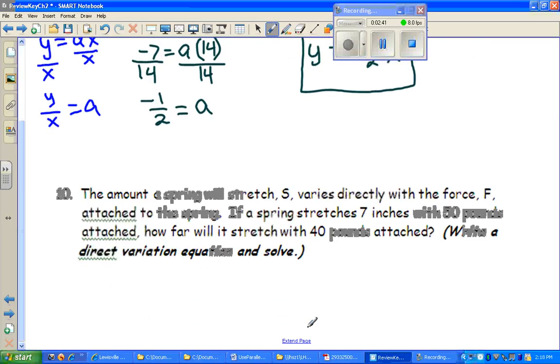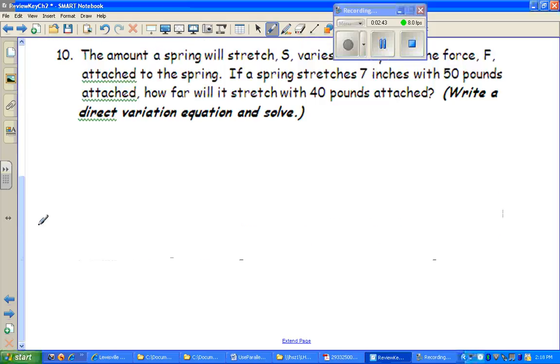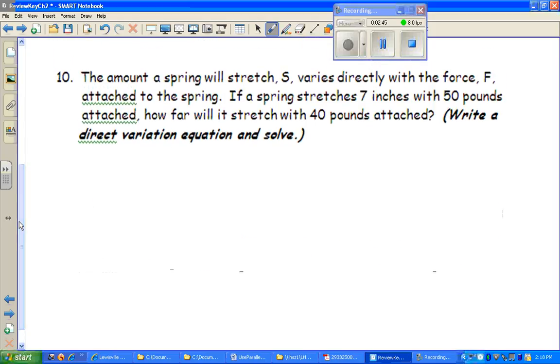For number 10, it's direct variation as well, but what makes this problem difficult for people is that it's not an x and a y that we're talking about. In this problem, we're talking about the amount a spring will stretch. The amount a spring will stretch varies directly with the force attached to the spring.